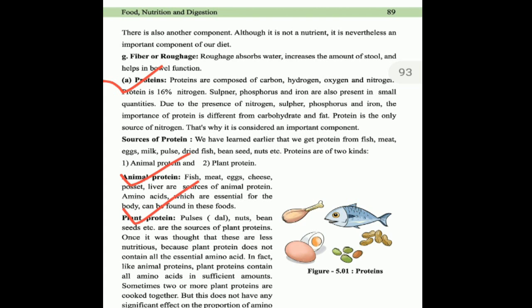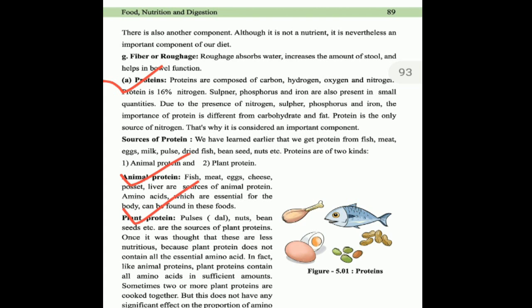Meeting your protein needs is easily achieved by eating a variety of foods. Protein from food comes from plant and animal sources such as meat, fish, eggs, dairy products, seeds and nuts, and legumes like beans and lentils.